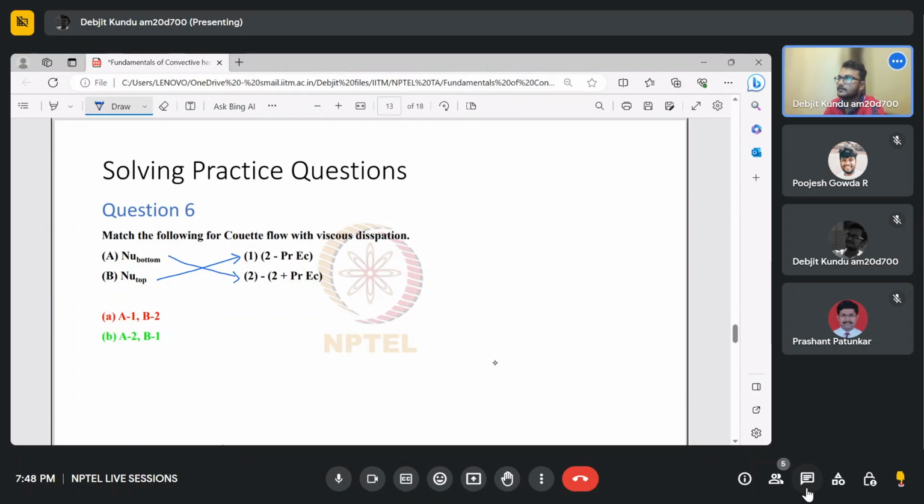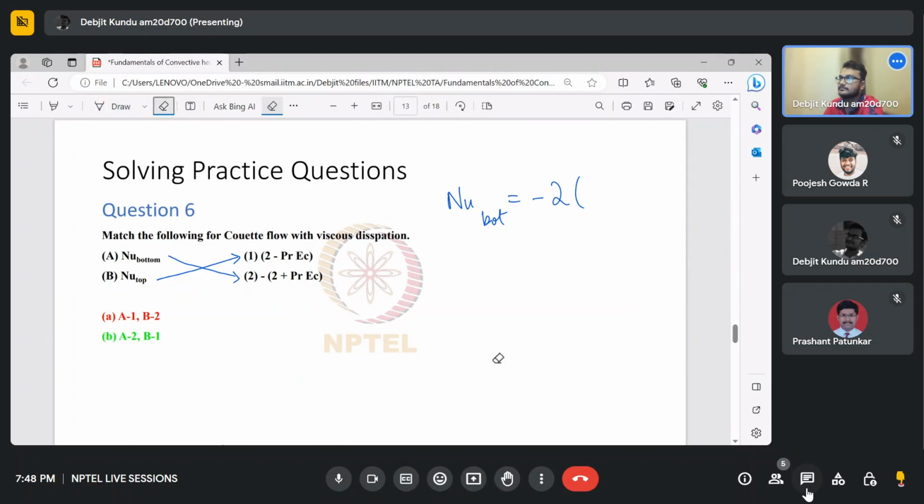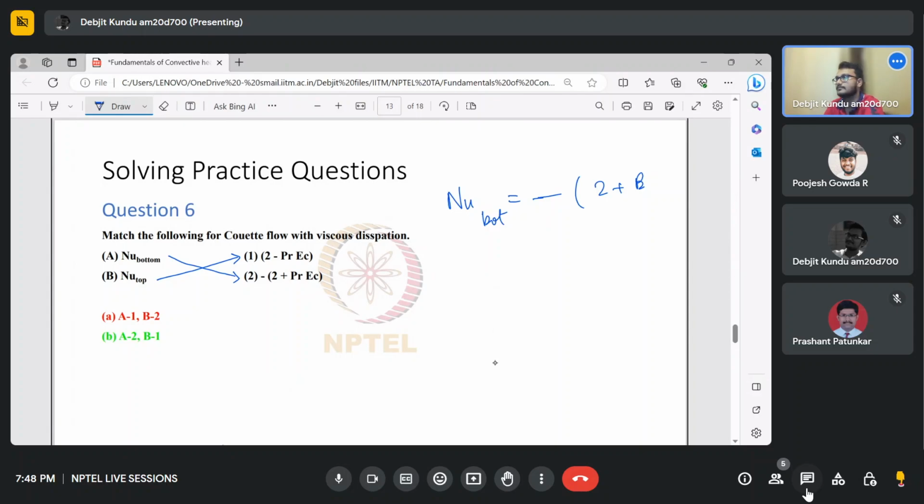So the Nusselt number at the bottom would be minus 2 plus Brinkman number. Is it hanging again and again?